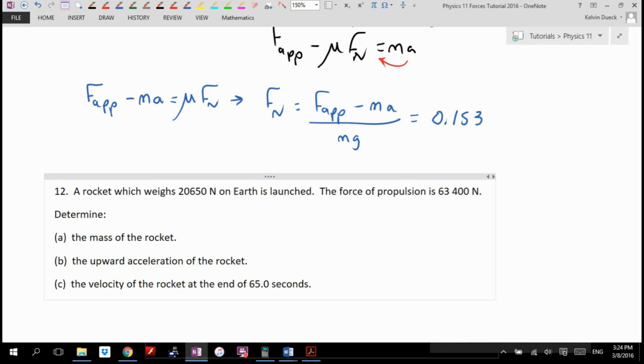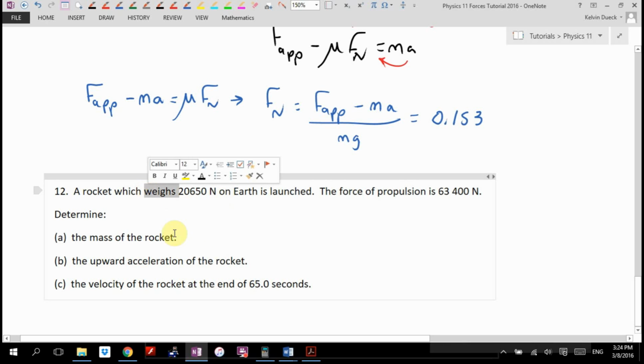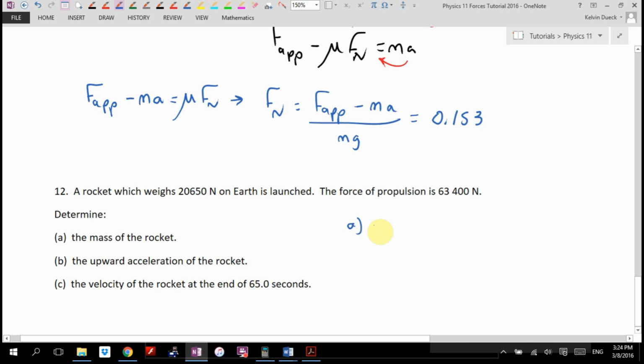Isn't the mass of the rocket 20,650? If this was the mass, what would you see there instead of an N? Kilograms. So Sage, is this the mass of the rocket? What did I give you? The weight. How can I find the mass of the rocket? What I've given you is mg.